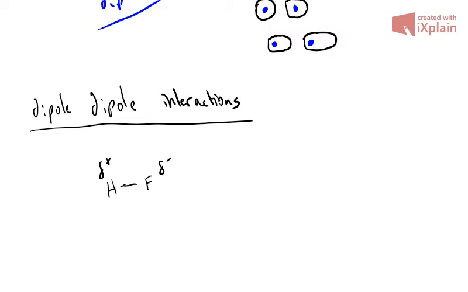It is between two polar molecules, so another HF can come along and it will be attracted to the semi-positive side of another molecule.